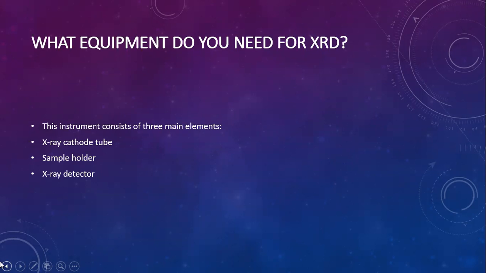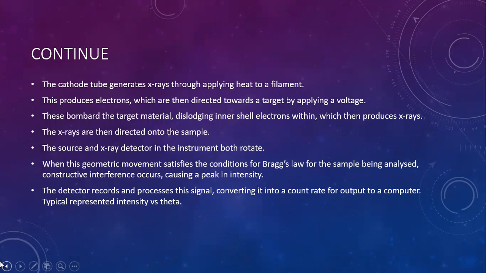As I showed you in the picture, the X-ray producer produces X-rays at a voltage of 10,000 to 40,000, and a photographic film detector is used to detect the X-rays. The cathode tube generates X-rays by applying heat to a filament.